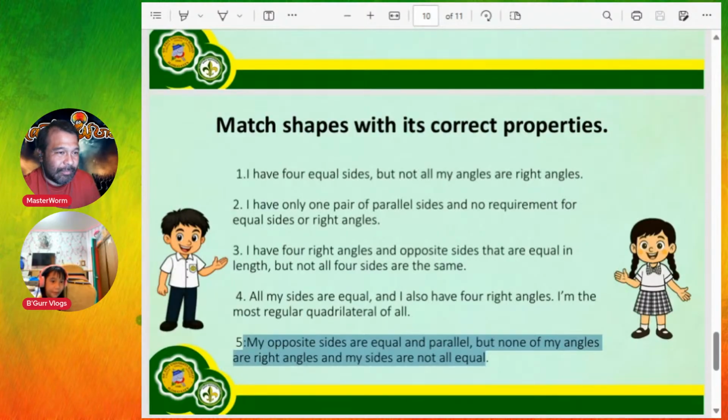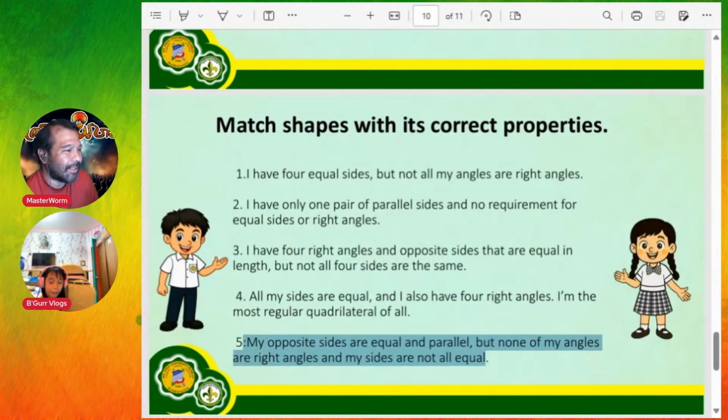So a rhomboid, or parallelogram, is a four-sided shape with the following properties. Opposite sides are equal in length and parallel. These are the defining characteristics of a parallelogram. None of the angles are right angles.